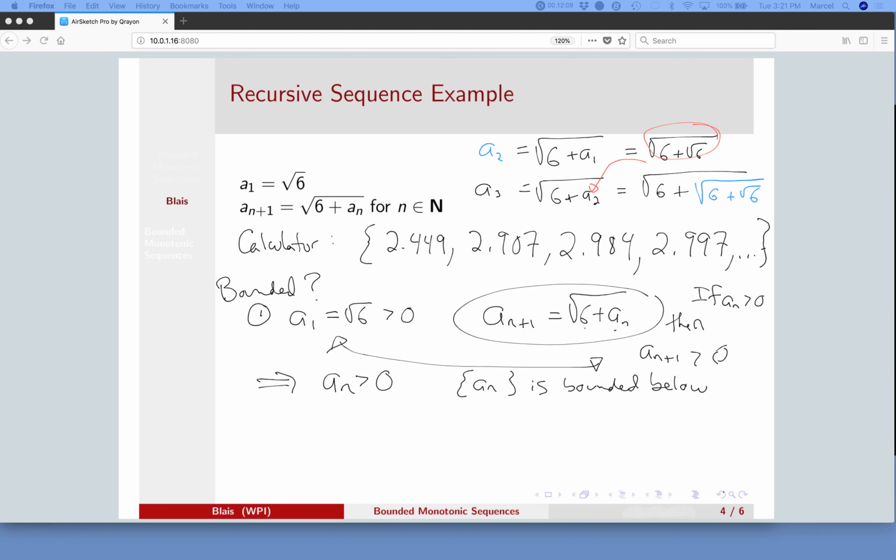How about bounded above? Well, remember we said this thing looked like it might be bounded above by 3. So suppose that a sub N, say for capital N, is less than or equal to 3.